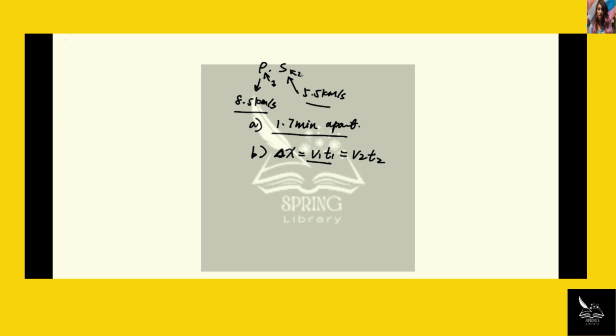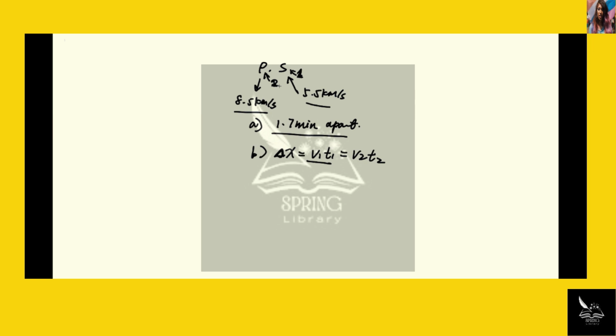From these, we will be able to tell that, let's see, I will call S number 1 because it has a smaller speed.